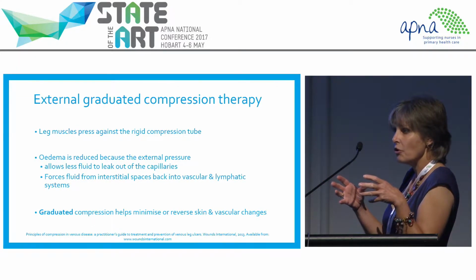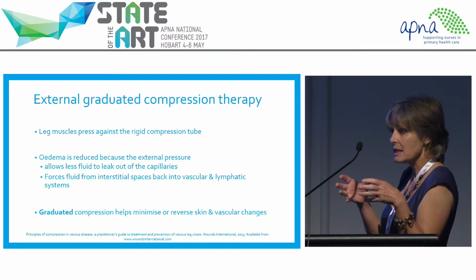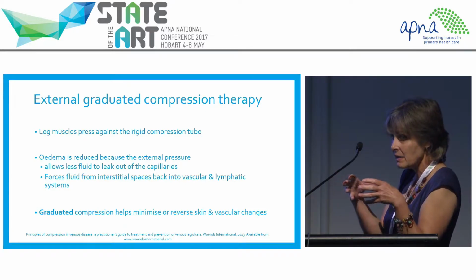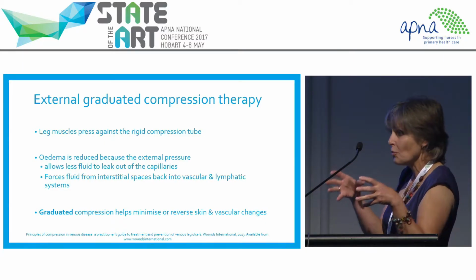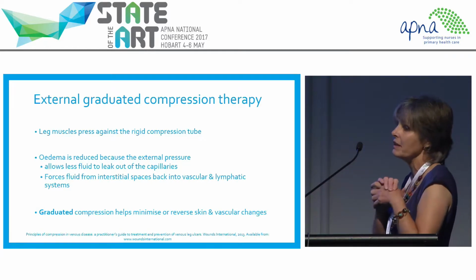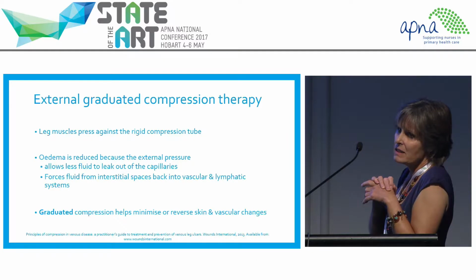And so therefore when the person is walking, the muscles are pressing on the veins, and the compression on the outside stops the muscle from moving outwards. It moves inwards, and it helps with the venous return. Does that make sense?